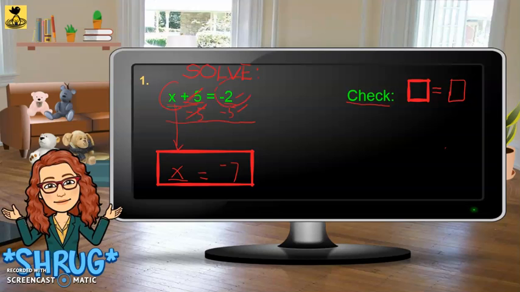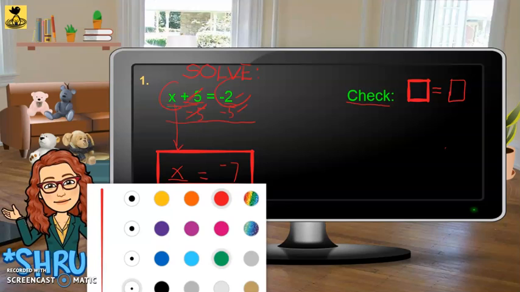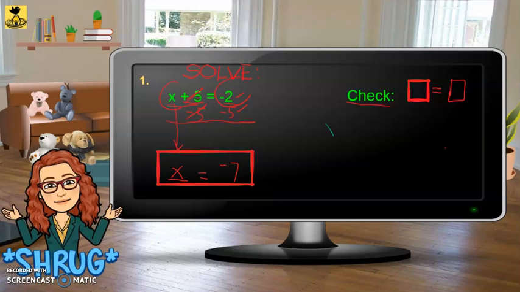First, let's copy the original equation: x plus 5 is equal to negative 2. Here x will be replaced with negative 7 because the value of x we found is negative 7. So negative 7 plus 5 is equal to negative 2.